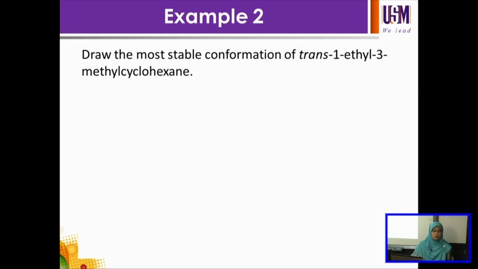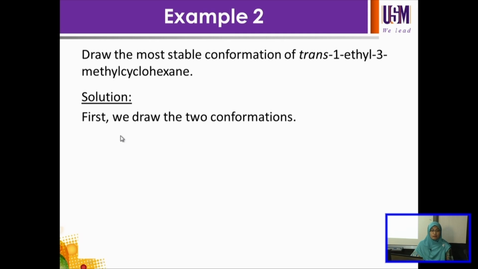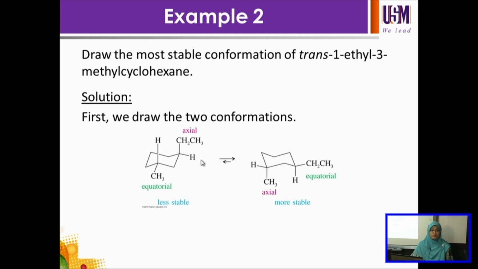We have example number 2. Draw the most stable conformation of trans 1-ethyl 3-methyl cyclohexane. Now we have 2 different substituents, which are the ethyl and methyl groups. As the solution, first we draw the 2 conformations.